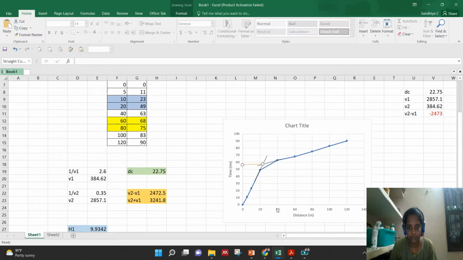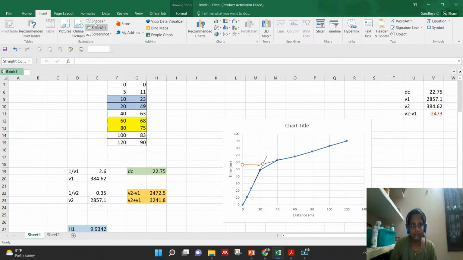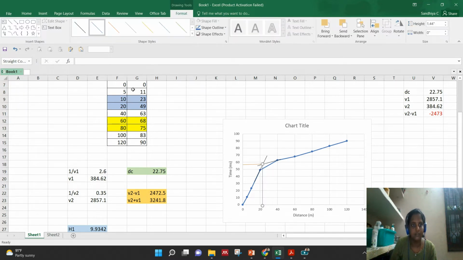No, this is distance. This is the critical x value. This value is going to be your DC, your x-axis value, that is the distance.